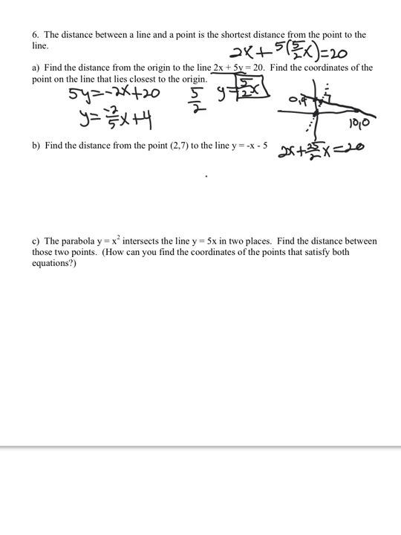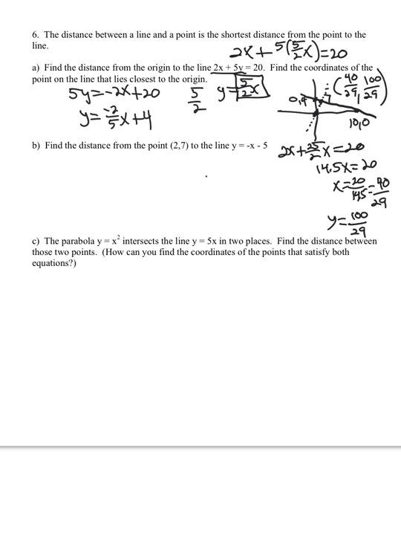And that's going to give us 2x plus 12.5x, so 14.5x is equal to 20. x is equal to 20 over 14.5, which is equal to 40/29. And we said y is equal to 5/2 x, so y is equal to 5/2 times 40/29, or 100/29. So the coordinate of this point is (40/29, 100/29).